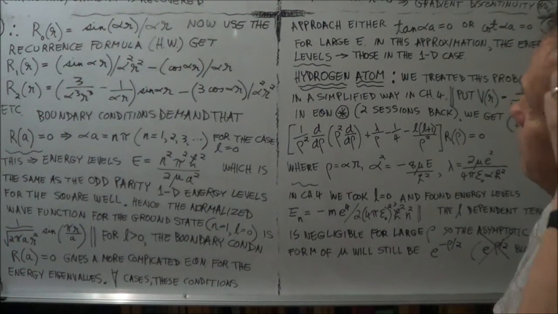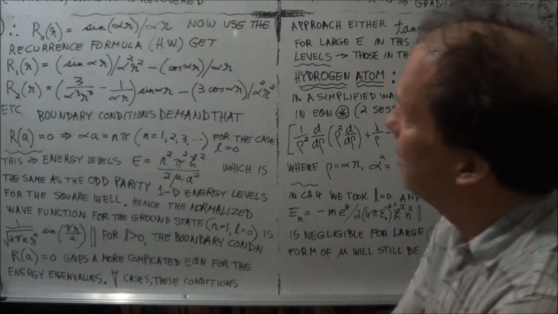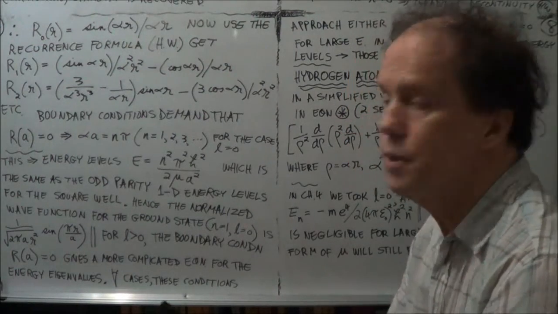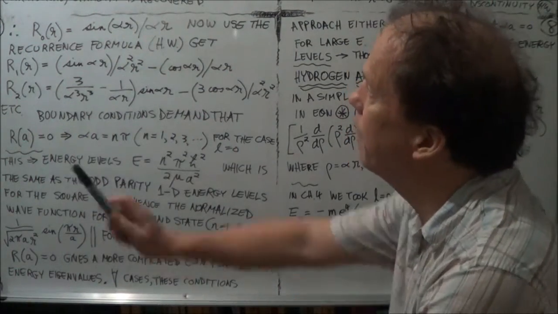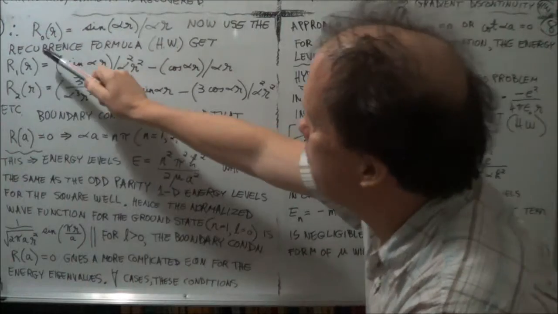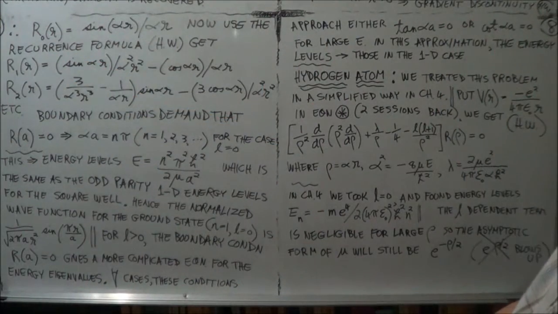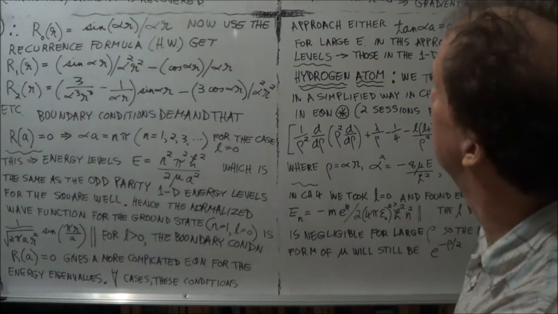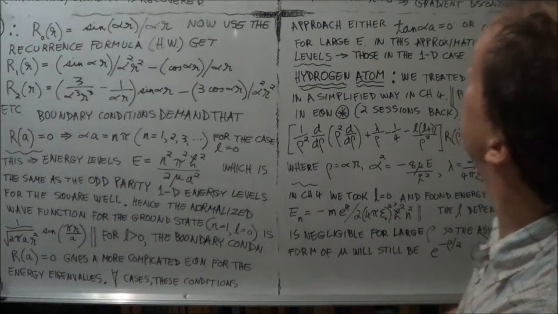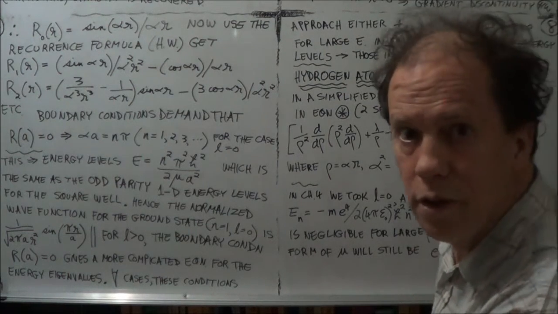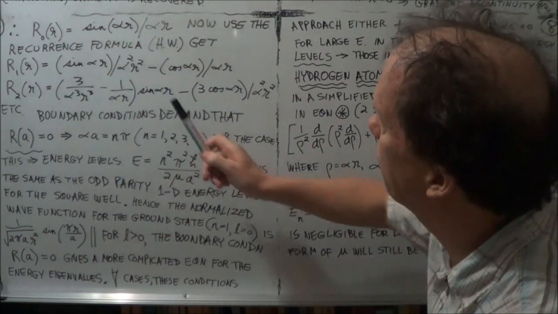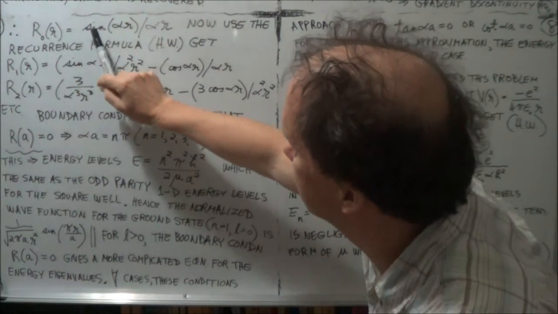Okay, so we can now find the terms for big R. So remember, big R was defined as chi over rho, and rho itself was defined as alpha little r. So here's your chi.